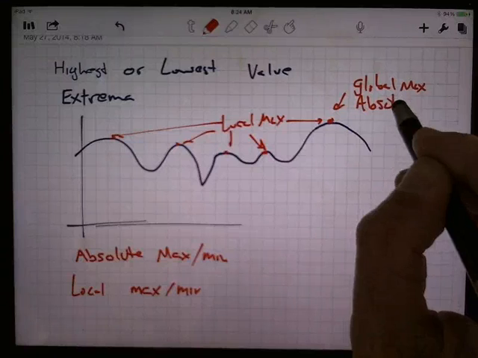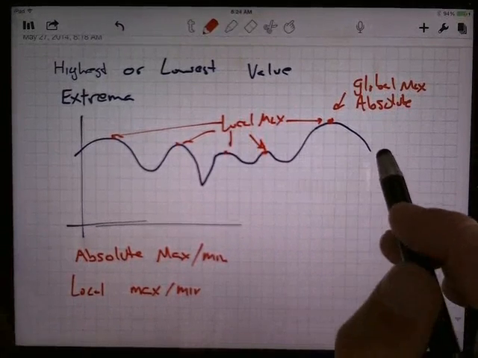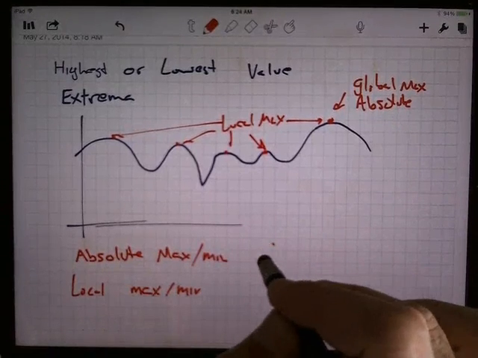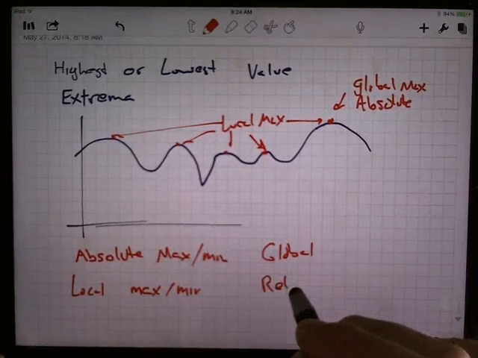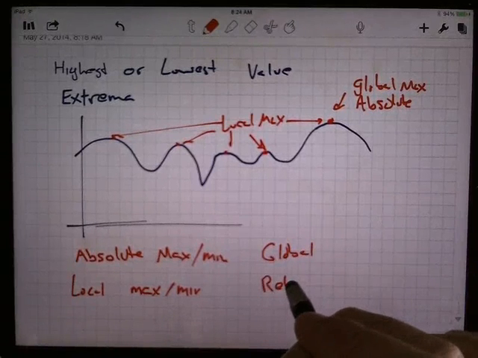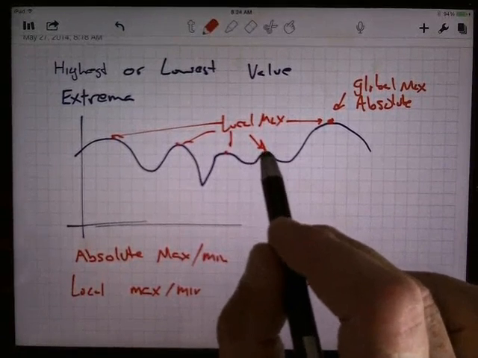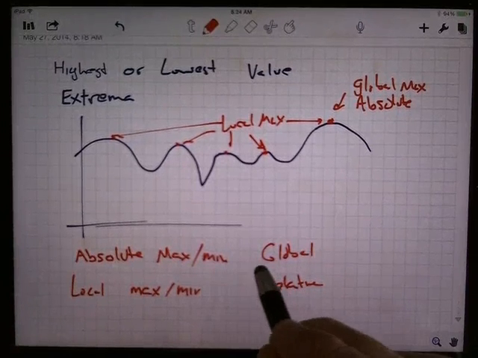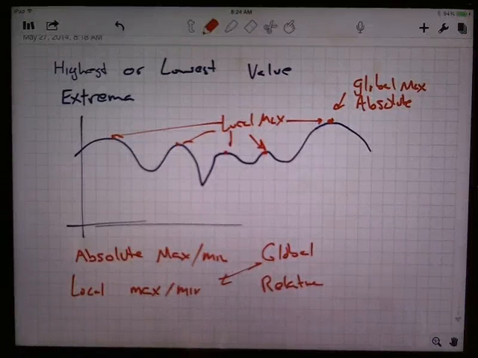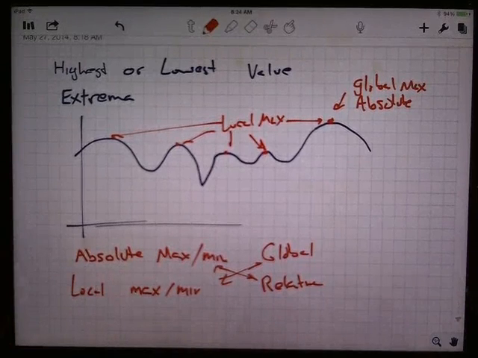When I learned this, we used global and local, and then some textbooks used, so absolute is sometimes called global, and local is also sometimes called relative, to have a relative max or a relative min. This is not the highest, but relative to the points around it, it's the highest point. Personally, I link global and local together. Those are the words I learned, and then absolute and relative are kind of together, but our textbook uses absolute and local.